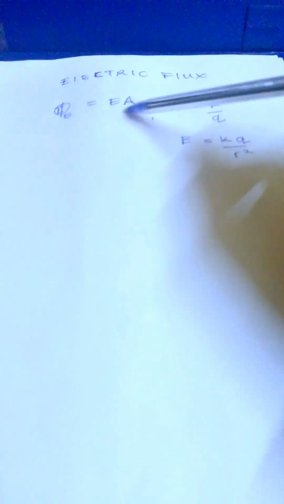So we have these two formulas for electric field. Here we are talking about electric flux, the total number of electric field lines passing through a Gaussian surface. There are some surfaces which will be at an angle.